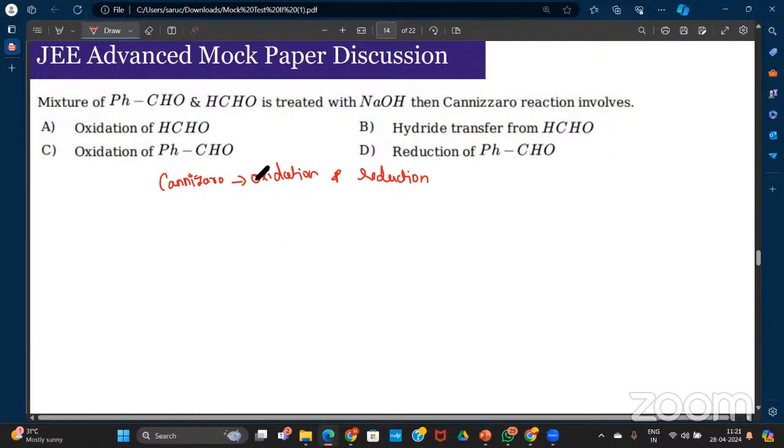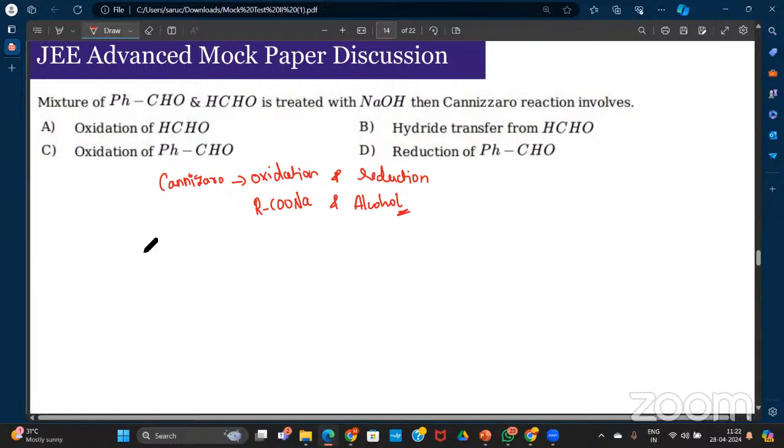When you do it, you'll be getting the salt of an acid and an alcohol as the products. We know that carbonyl compounds on oxidation give acid and on reduction give alcohol. So which will produce the acid and which will give the alcohol?